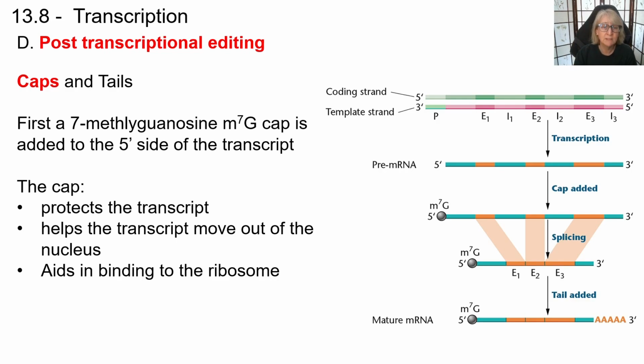You add a cap that's actually a guanine cap. It's 7-methylated guanine. You add it to the 5' side of your mRNA. That cap protects the transcript inside of your nucleus. Otherwise, your nucleus will break it down. It'll see it as an errant molecule.